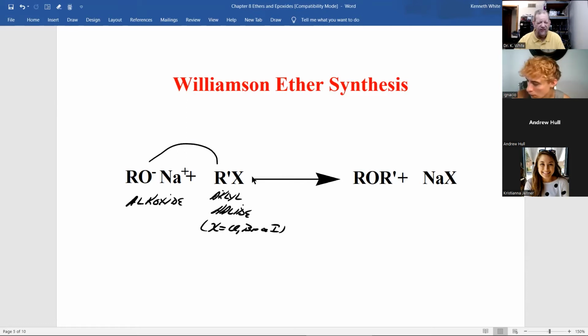And this attacks the carbon with the halogen, kicks it out. You have sodium plus, X minus, you get a salt. But I only asked for the organic products, and you make an ether. Let me rewrite it again.